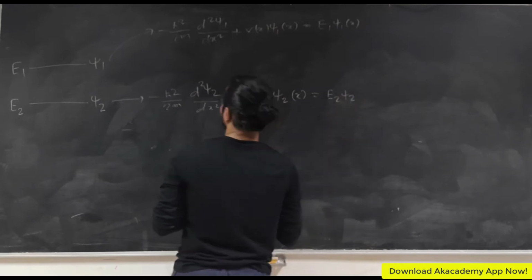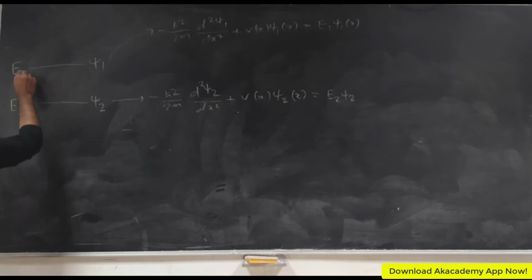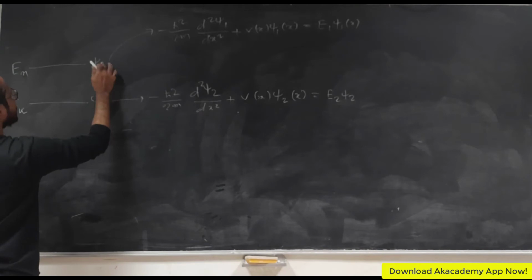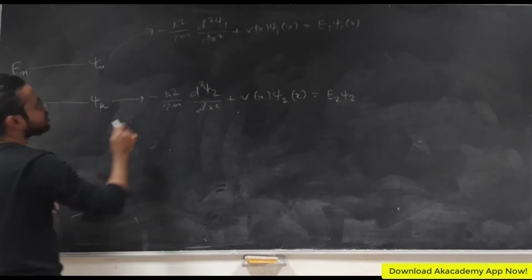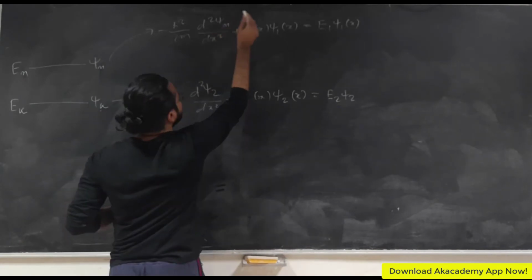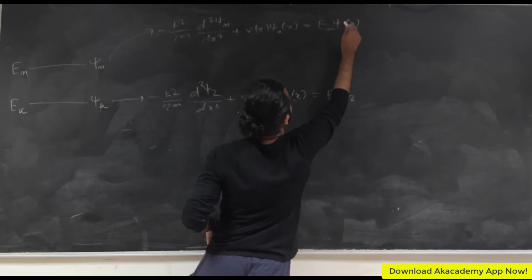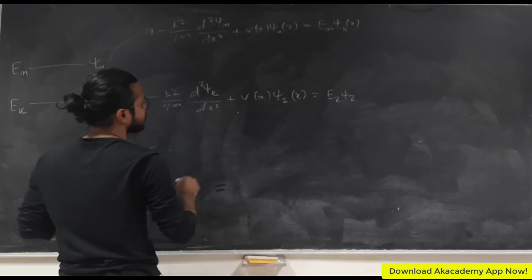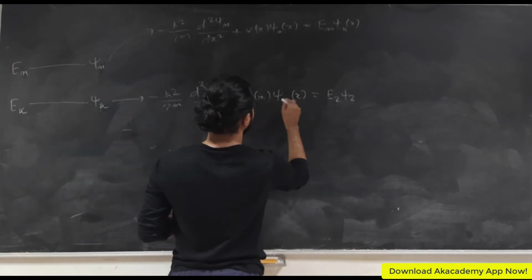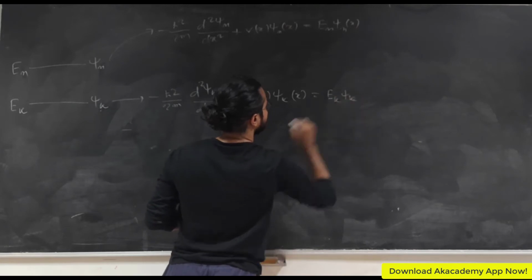Let's not take these numbers. Let's take this as the nth state and this as the kth state. So this is psi n, this is psi k. Similarly, we need to make some changes. This is E n and this is also psi n. This is E k and this is psi k.